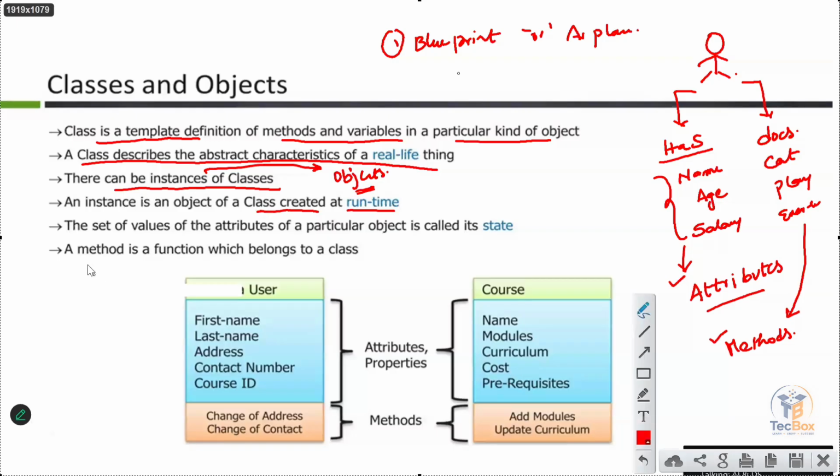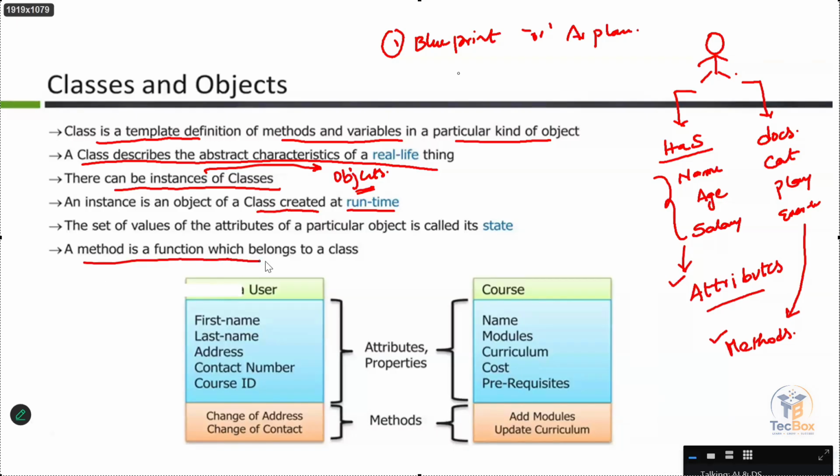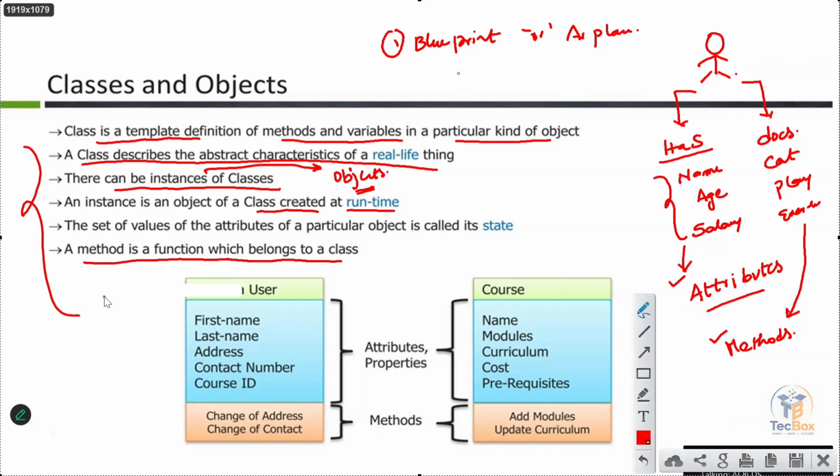A method is a function which belongs to the class. If I only give these definitions, it will be difficult for you to understand. But if we take a practical example, you can understand easily. Always, we work practically first, and then we come to the definitions.